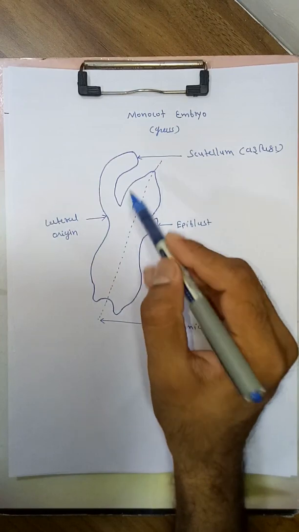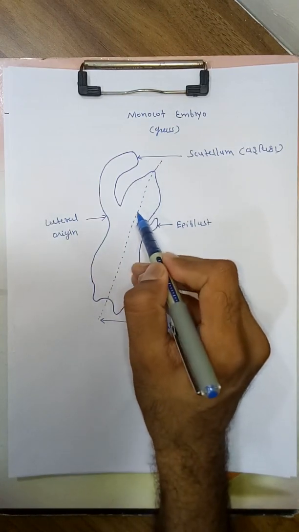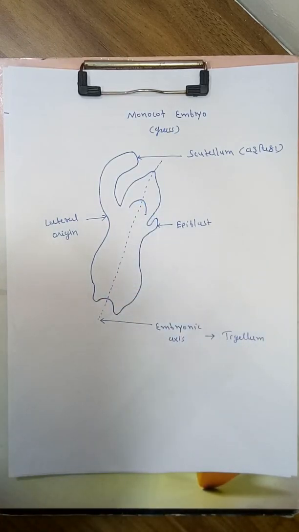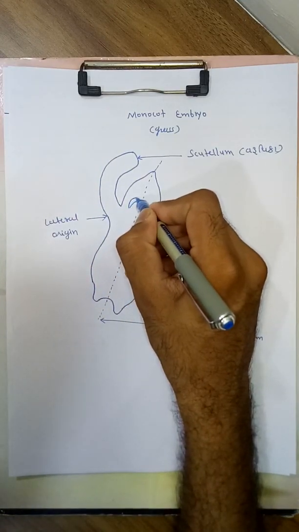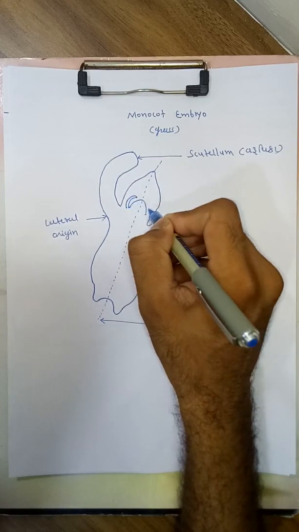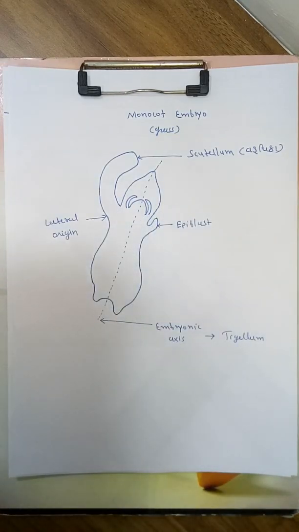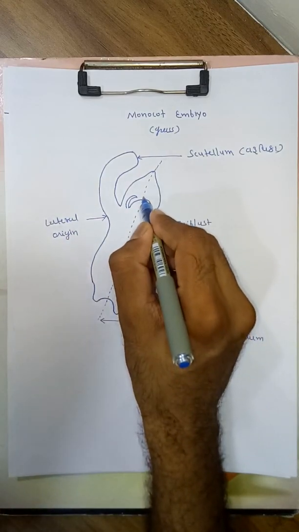Now next, plumule. This is plumule. આ શું છે? ભ્રૂણાગ્ર. Now this plumule is protected by leaf primordia, which are immature leaves. તો આ રીતે તમને અપરિપક્વ પર્ણજીવી રચના દ્વારા જે ભ્રૂણાગ્ર છે એ રક્ષાયેલો જોવા મળશે.